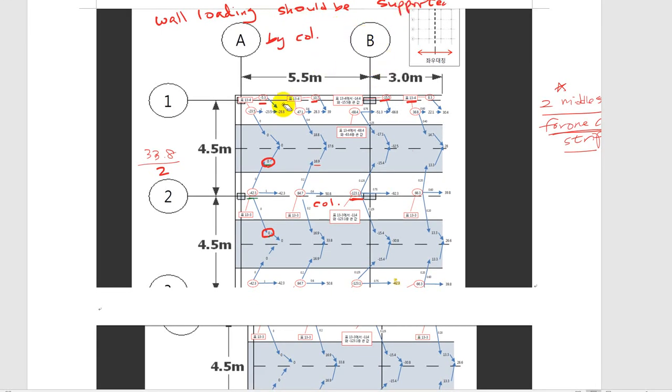So the wall loading should be supported by column strip. Okay, so all wall loading goes into column strip, right? Goes into column strip.